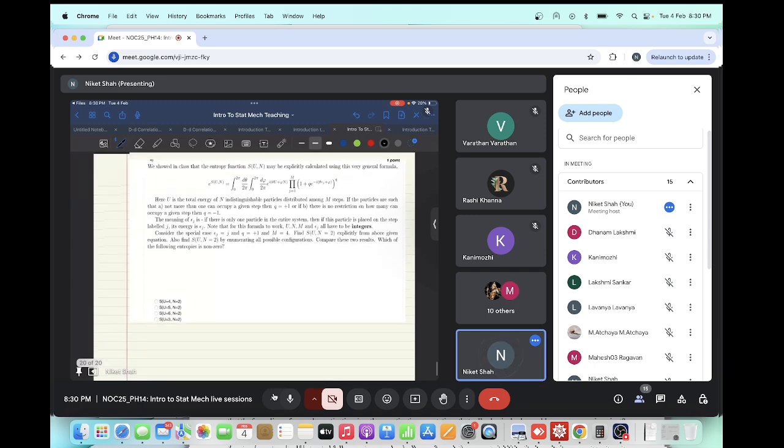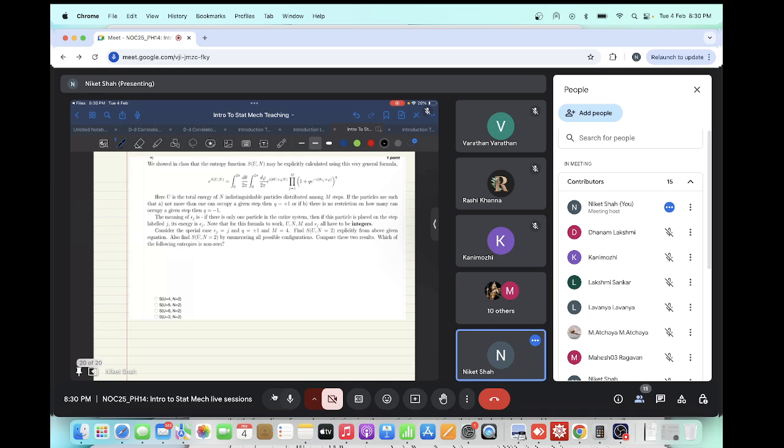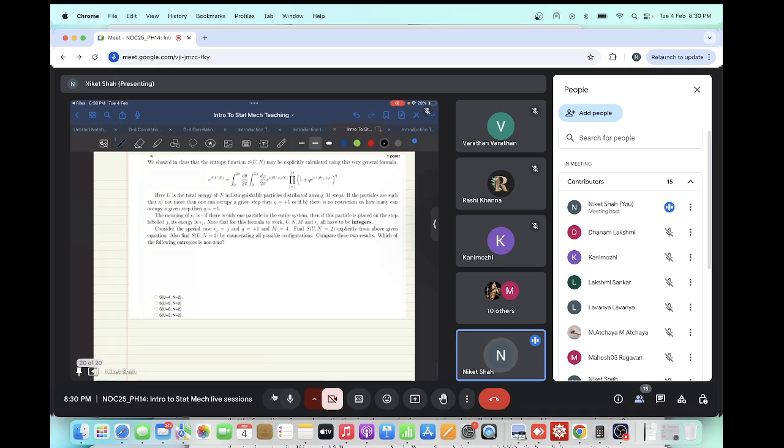Epsilon j is j, Q is equal to plus 1, and capital M is equal to 4, which is 4 number of steps. Right. So for n equal to 2, we have to do this.